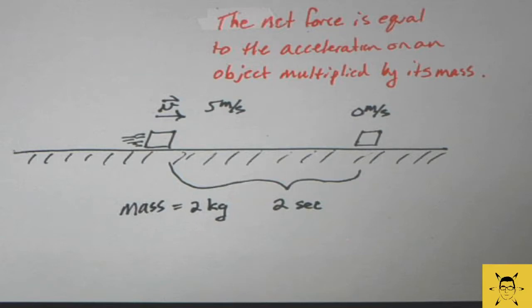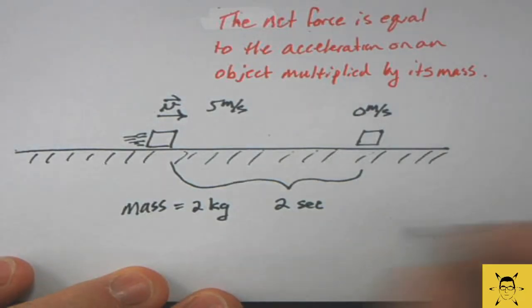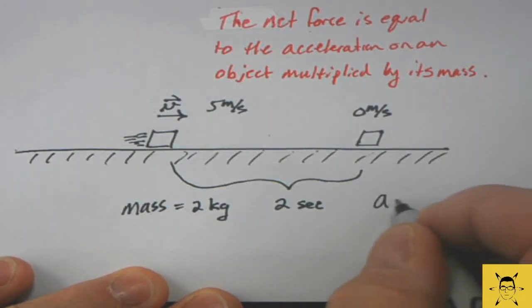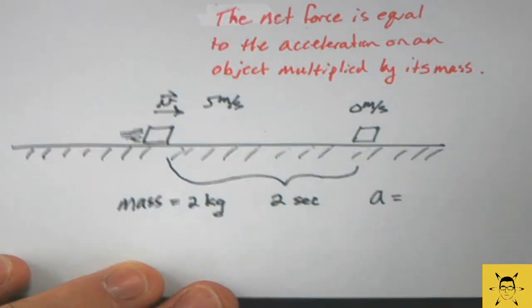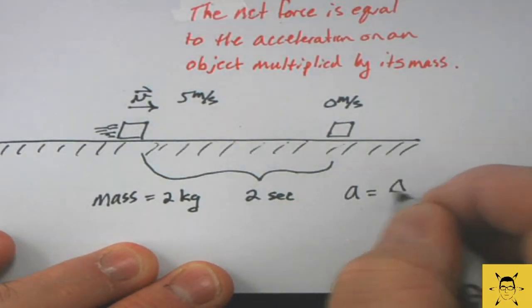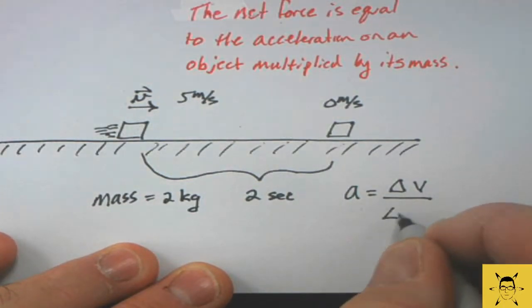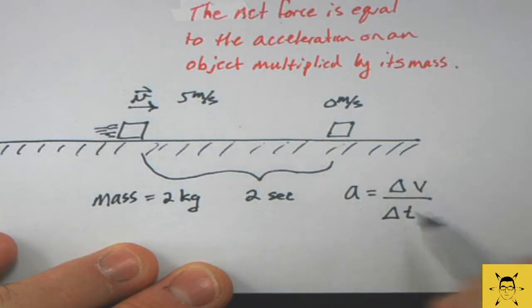Acceleration is the rate of change of our velocity. So acceleration equals the change in our velocity divided by the change in time. Remember, that's what those deltas mean, the change in our thing.